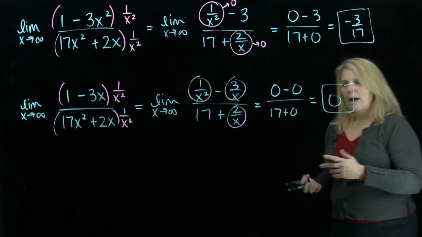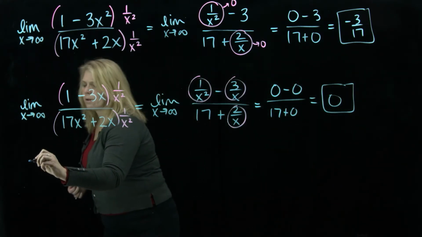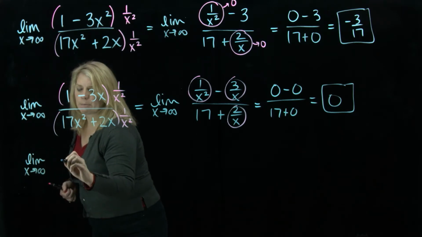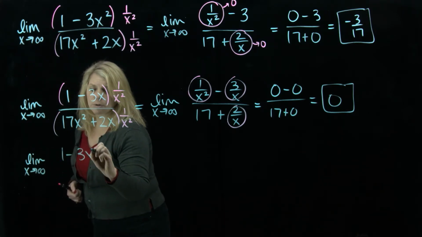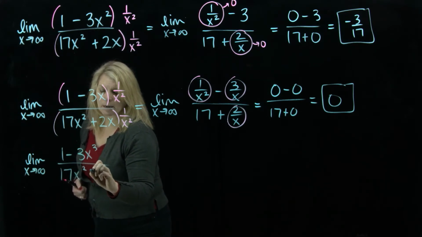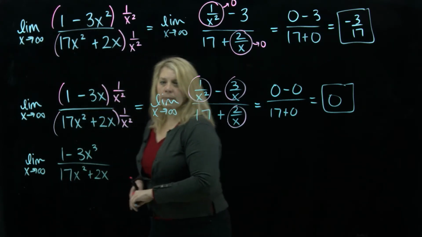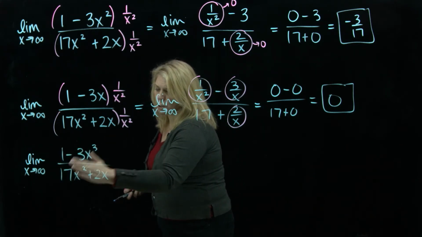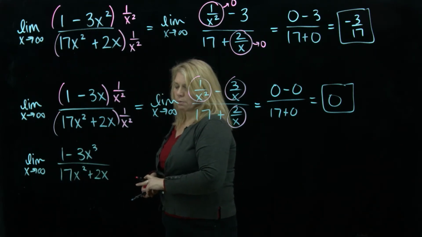I want to just do one other slightly different example that's similar. I'm going to change the power on the numerator to x cubed and leave everything else the same. Okay, so the limit as x approaches infinity, 1 minus 3x cubed over 17x squared plus 2x.